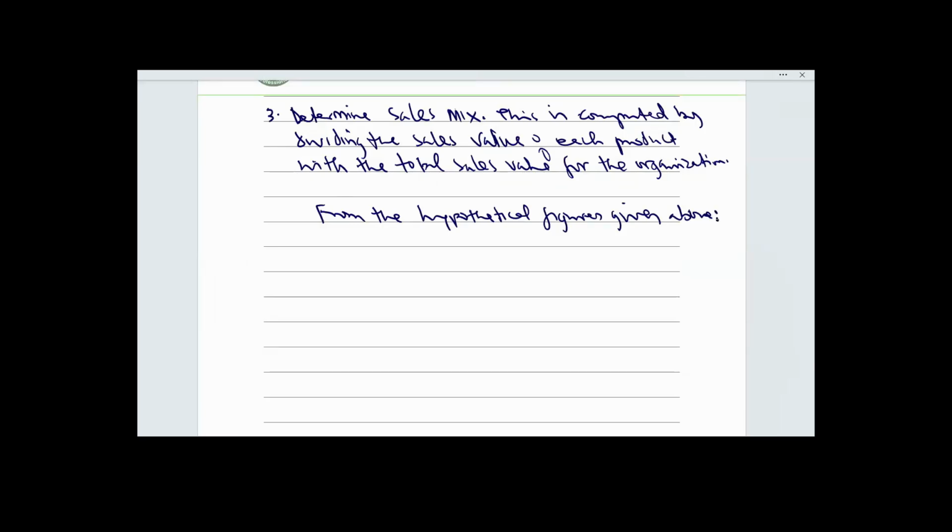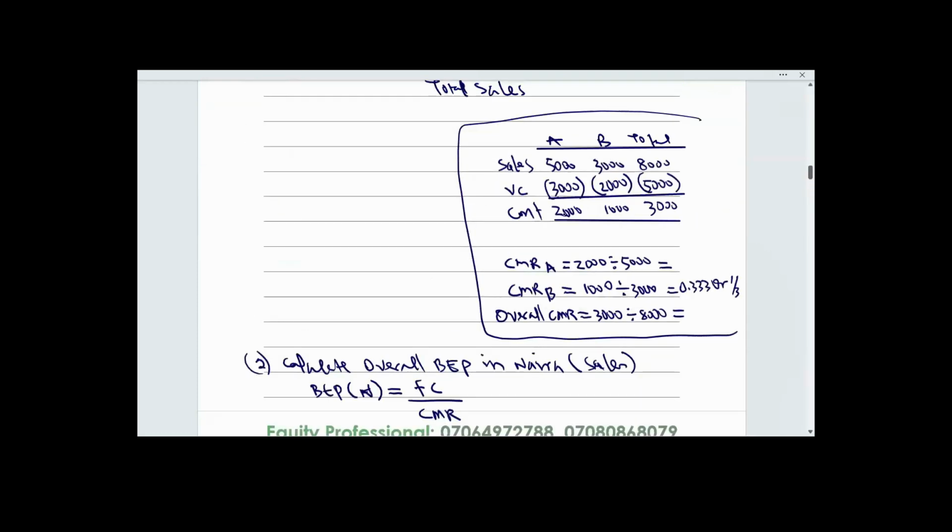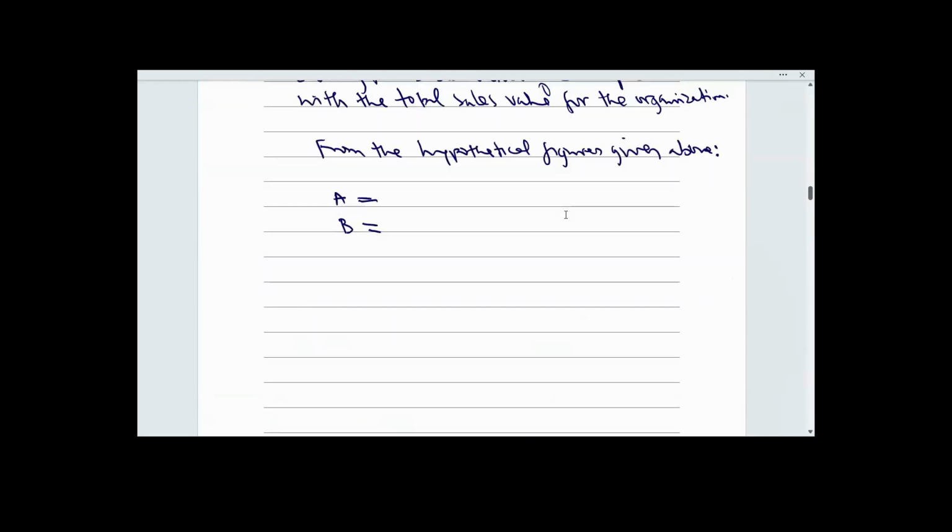If I want to determine the sales mix of product A and B, for product A, I will take the sales of product A, which is 5,000, and divide with the total sales of 8,000.